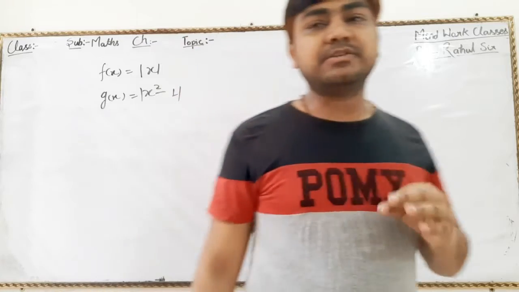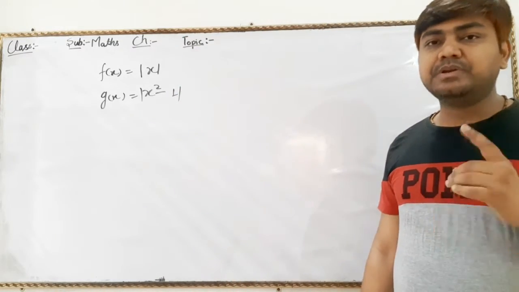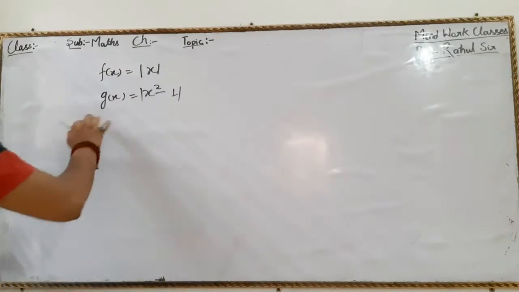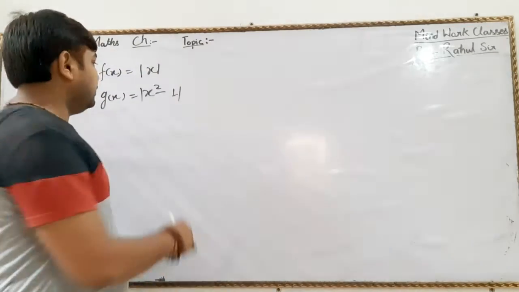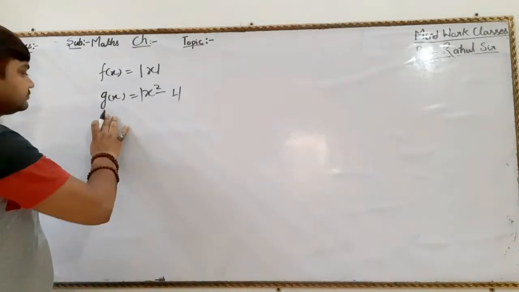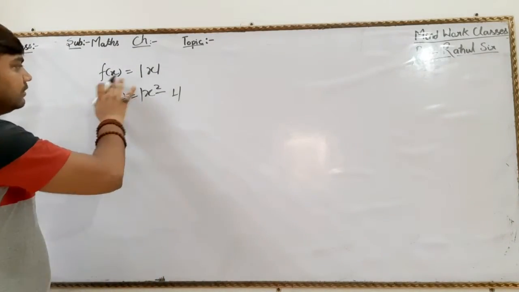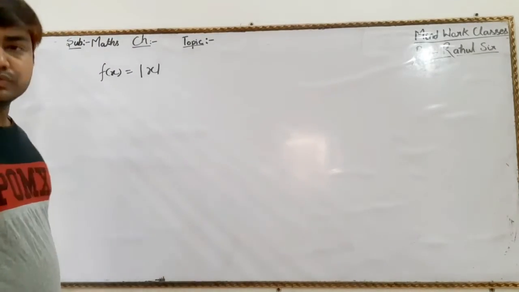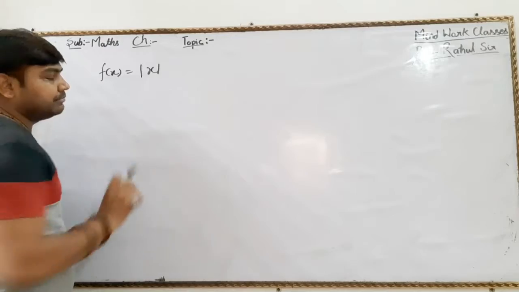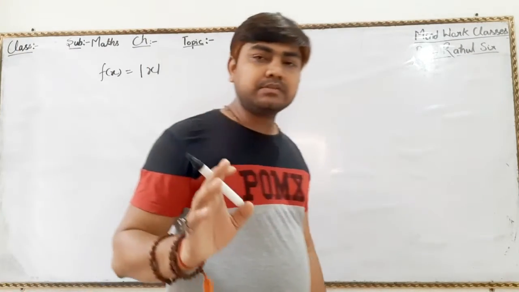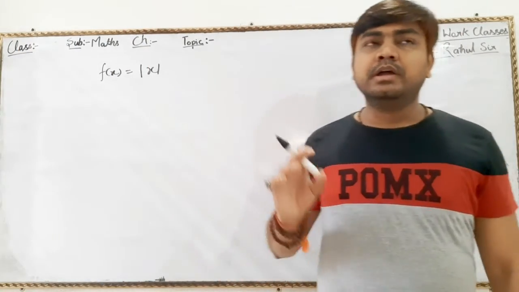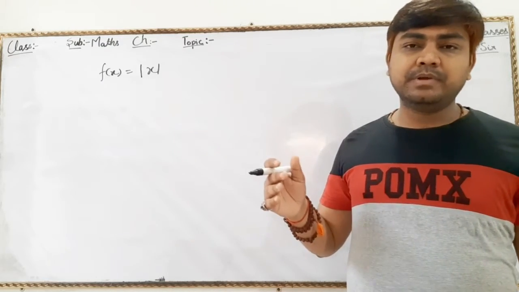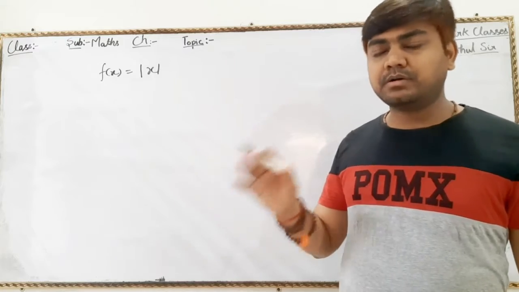Now what is the speciality of this function? We must understand this thing. What is the speciality of this type of function? Let us say here we have f(x) is equal to mod x. We know that if we take mod of any number, that number will always be positive, whatever it is.